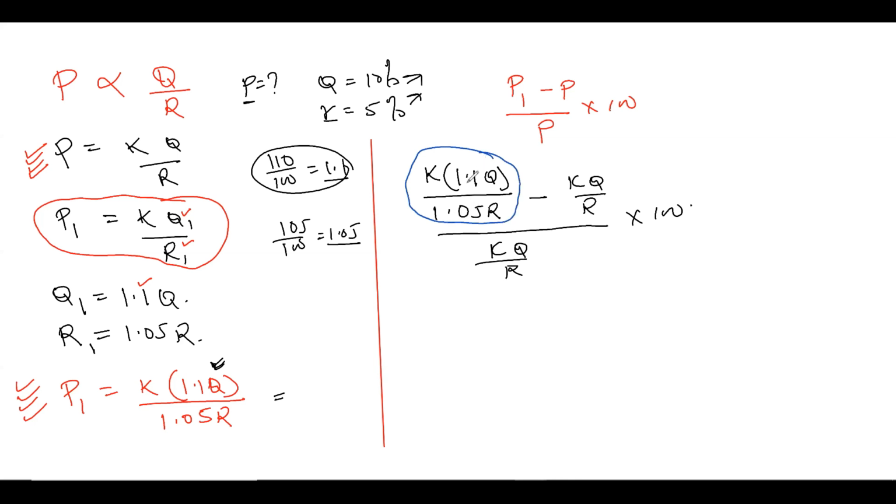So, ukitaka kusimplify hii, kwa calculator unaandika 1.1, you only work the numbers on a calculator. So, andika 1.1 divided by 1.05. What is 1.1 divided by 1.05? 1.047.